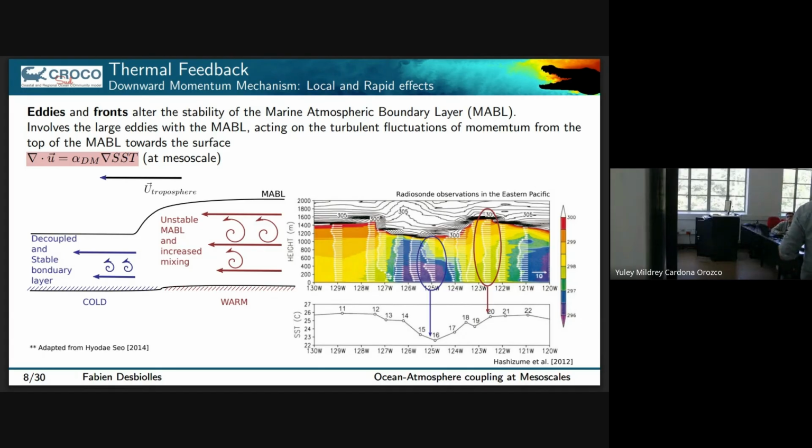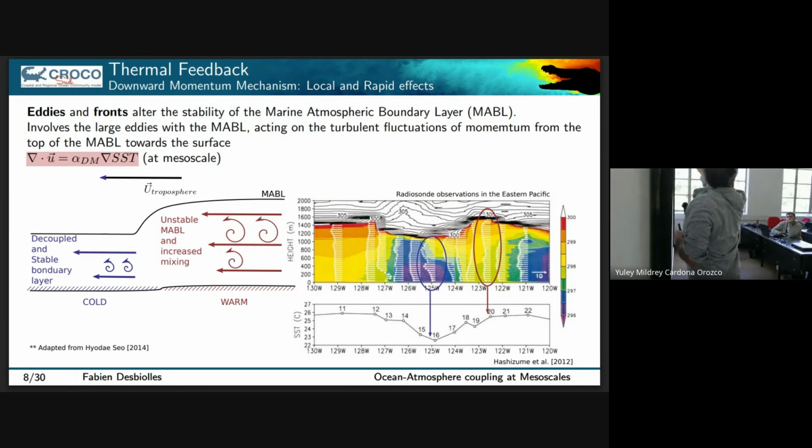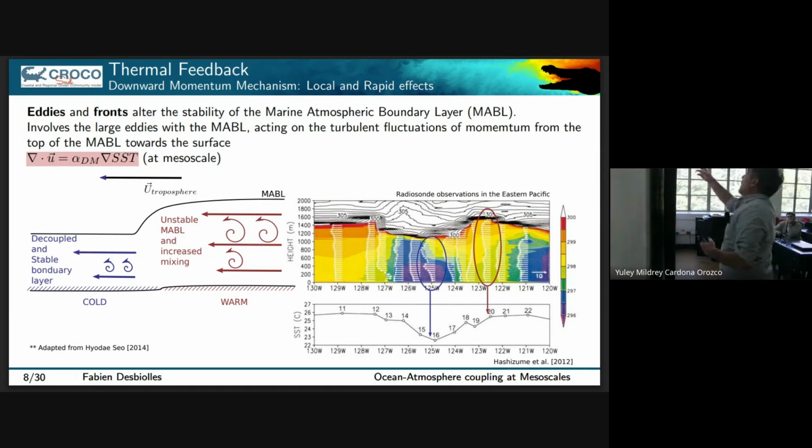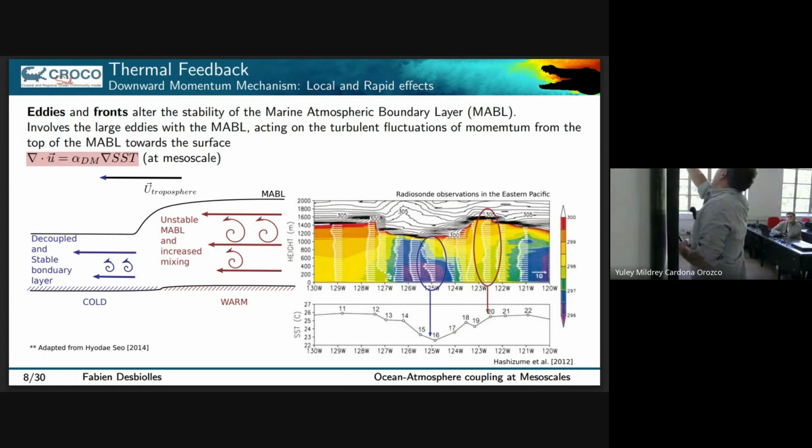So here, what we can guess is that we have convergence of the wind, right? And here we have an SST gradient. So to highlight that process, we're going to relate the SST gradient, which is the difference of the SST there, to convergence or divergence of the wind. Okay?